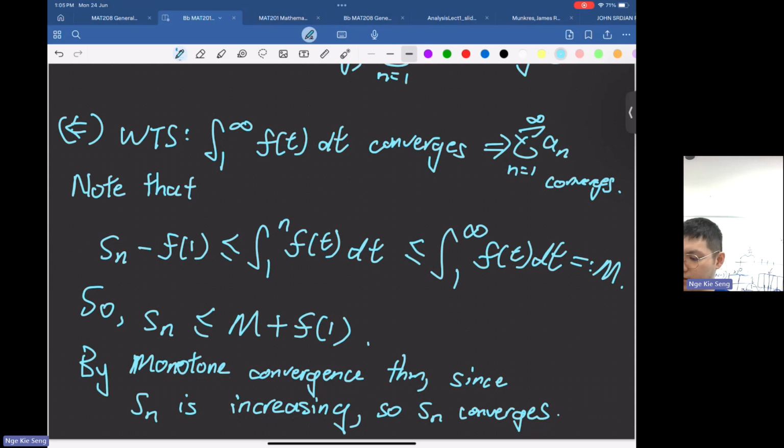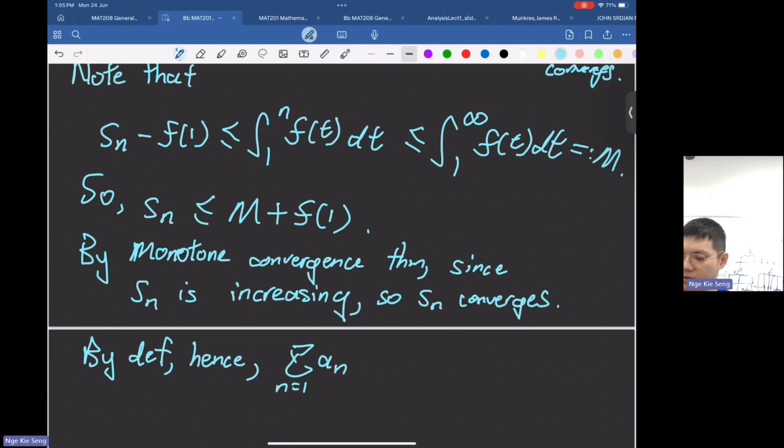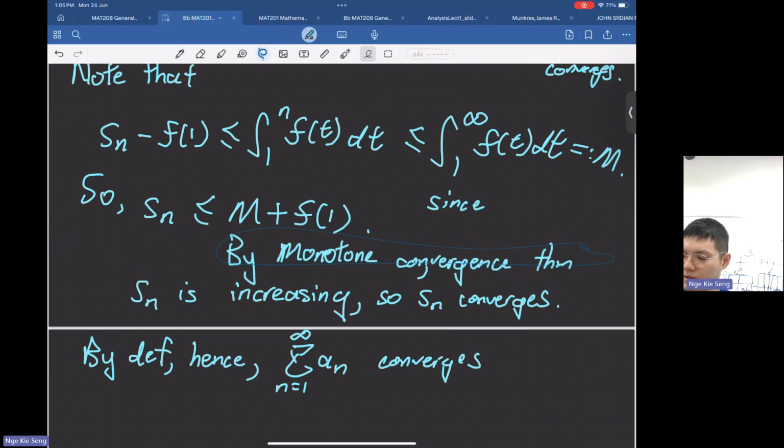That means, by definition, hence the infinite series also converges.